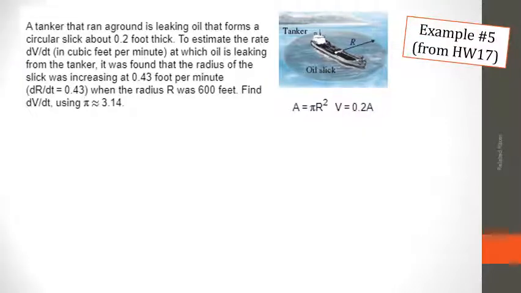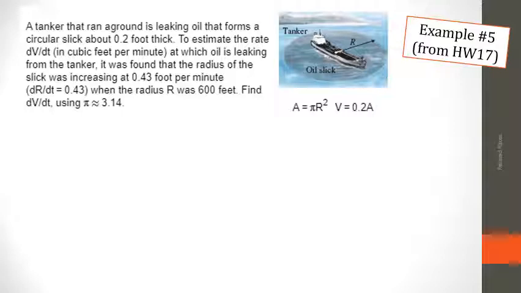Okay, this one is an actual problem from your homework. So I'm not going to finish it, but I'm going to give you some hints on it. So it says a tanker that ran aground is leaking oil that forms a circular slick about 0.2, or a fifth of a foot, thick.